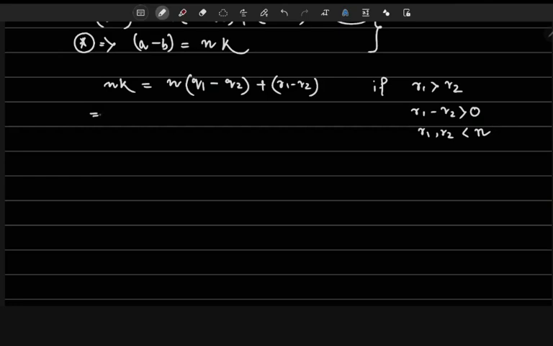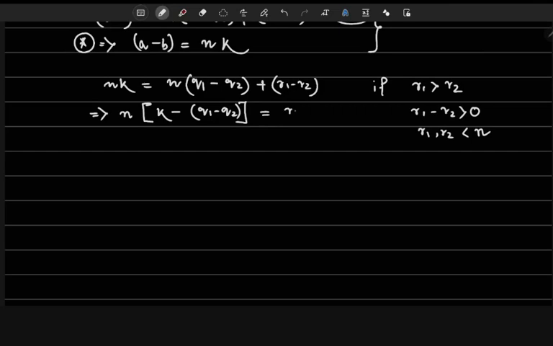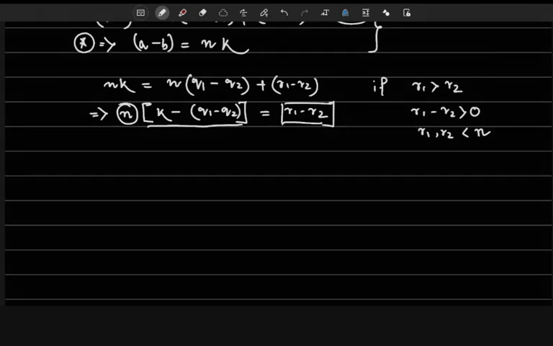Now think very delicately. n into (k minus q1 plus q2) is equal to r1 minus r2. Clearly, n is a positive number and r1 minus r2 is a positive number. So k minus q1 plus q2 has to be a positive number, right? That will imply that it is greater than 0. This is done.